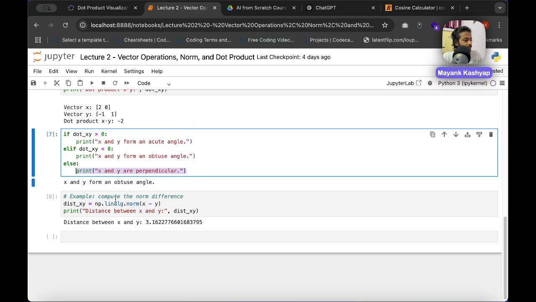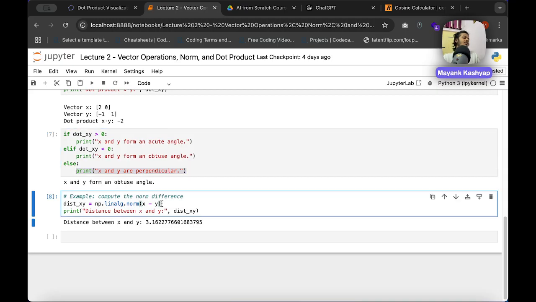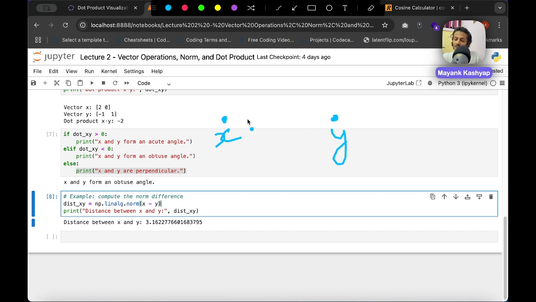Okay, now to compute the norm difference, which would give how far the two vectors are. Obviously, if you have, let's say, 2 points, here we have x and here you have y. So how do we calculate the distance between these?